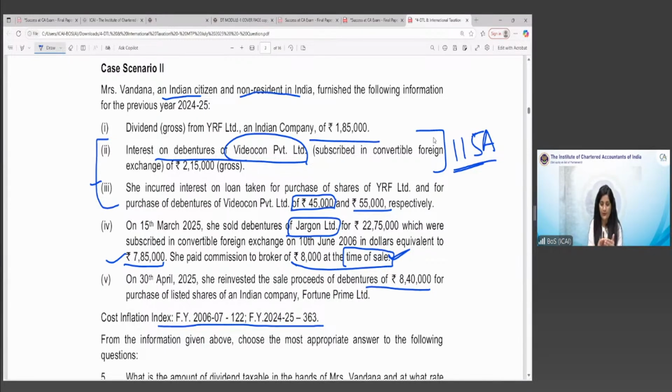It is a general interest on debentures, expenditure to be in foreign currency only, right? So no deduction is permissible against this income. Here we are asking about the rate, not the TDS. If TDS, it would be 28.8%, and since we are asking only for what rate it would be taxable in her hands, it is coming to 2,15,000 at the rate 20%.